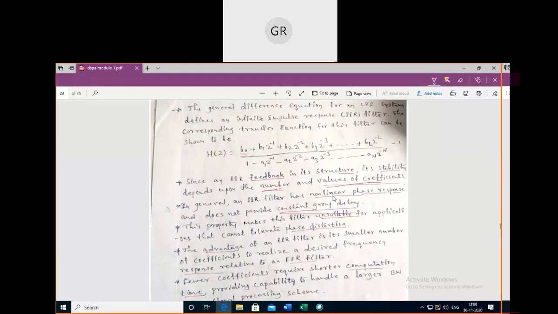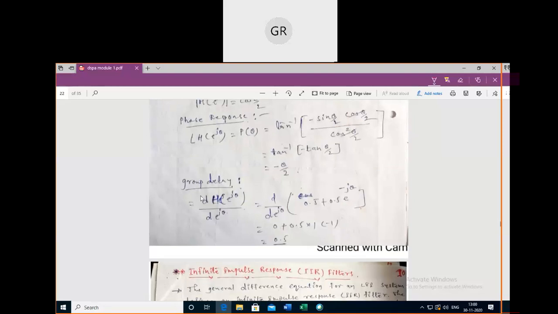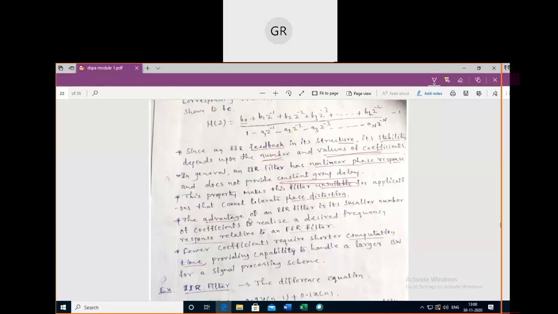We already discussed what is meant by group delay. It is the differentiation of the phase of H of e raised to j theta with respect to theta, and it is called group delay. For an IIR filter, that group delay is not constant.